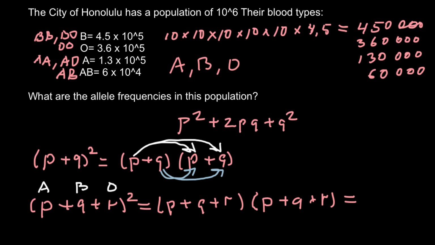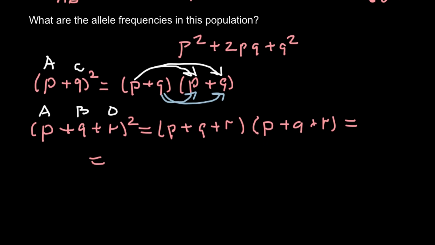Usually we use this formula when we have just 2 alleles, for example, dominant allele A and recessive allele a, but in our case we have to solve our problem using trinomial expansion. So what would be the final formula that we are going to use? And here is the formula.